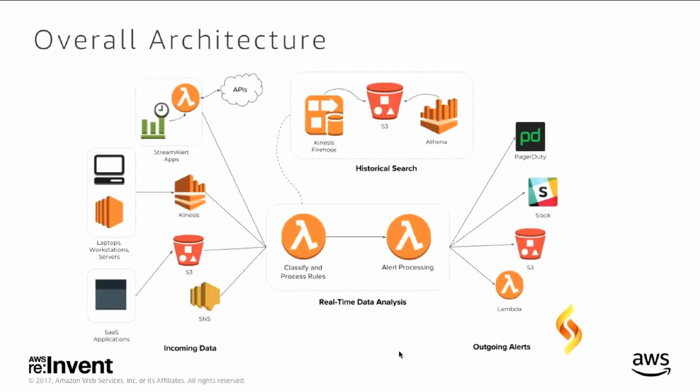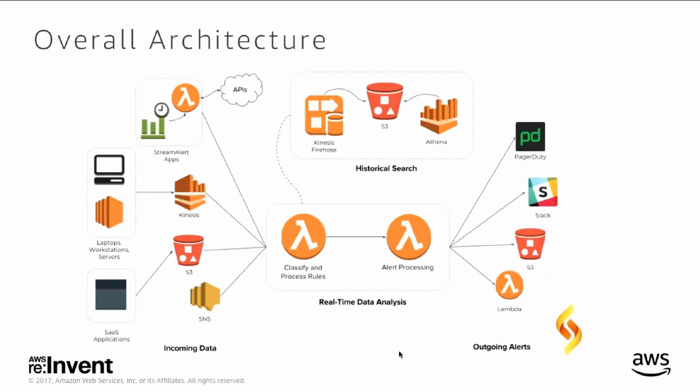So here's an example of a StreamAlert architecture on AWS. On the left side, you have a number of different data producers writing data in a streaming manner to Kinesis, or maybe in a batch manner to S3. Then that data is fed into a rules engine where you define and classify the rules that you want to apply to that data.